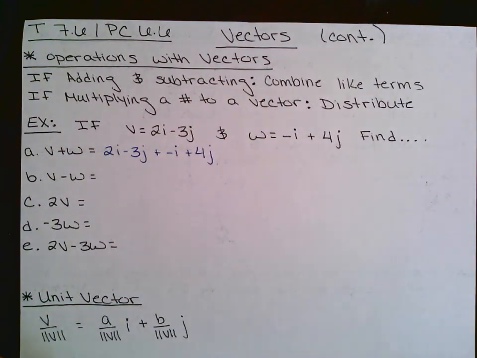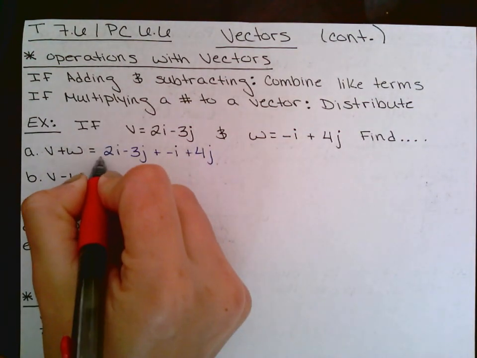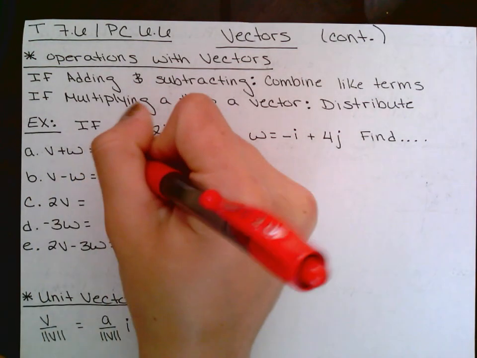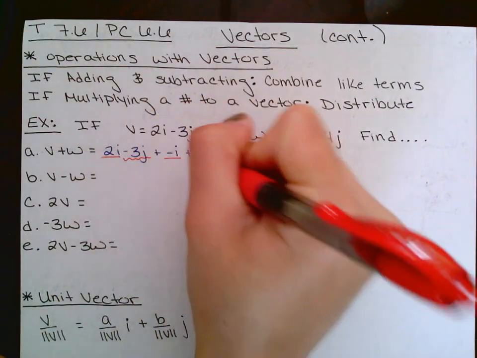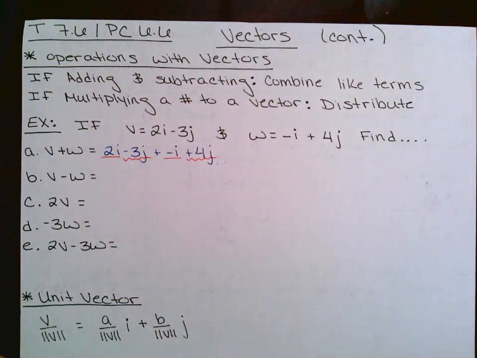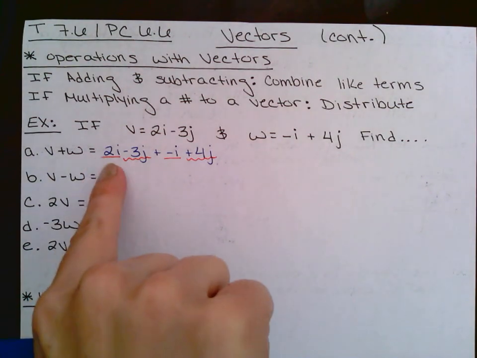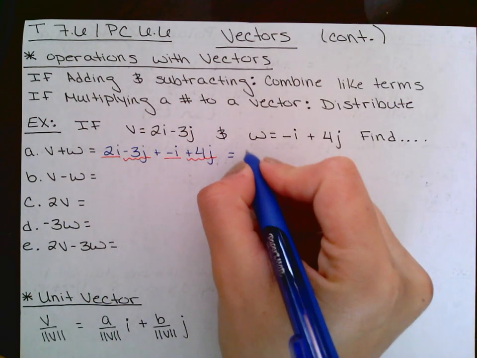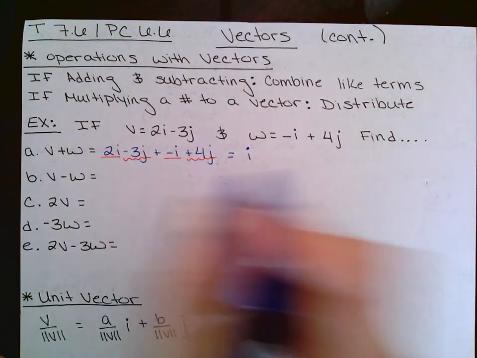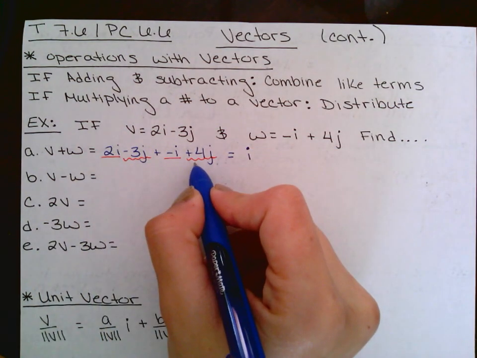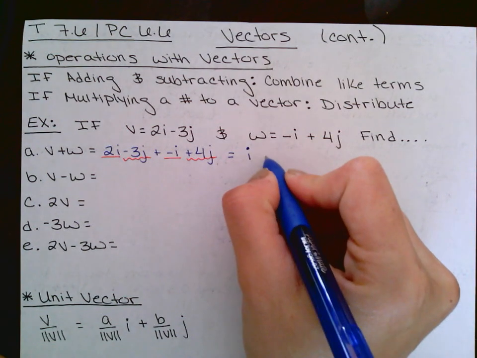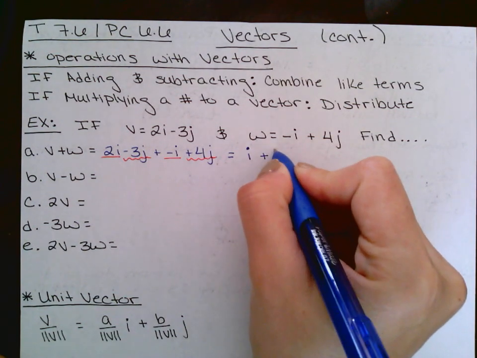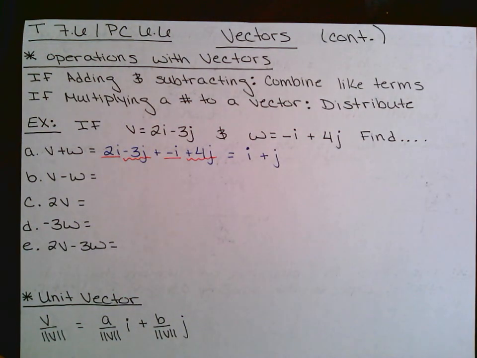And if I'm combining like terms, I'm just going to combine my i's and then combine my j's. So 2i minus 1i is going to give me 1i. And then a negative 3j plus 4j is going to give me a positive 1j. And we're done. Okay?